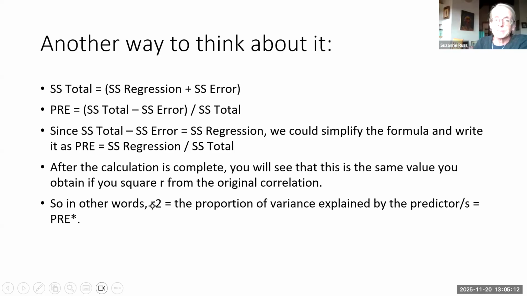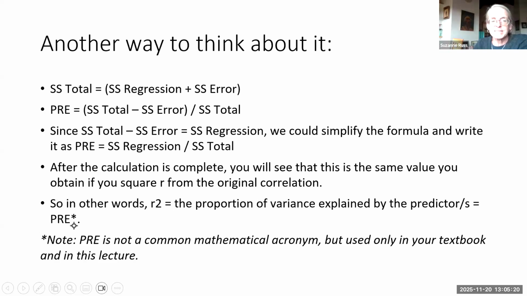So R squared, I mentioned to you last time, is the proportion of variance explained by the predictors. And I put this asterisk here because I wanted you to know PRE is not a common mathematical acronym. That's just what is used in your textbook, and I wanted to be consistent with that when I was describing this to you.